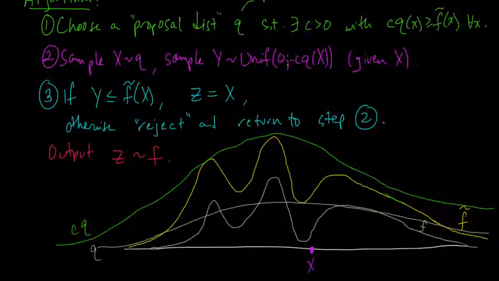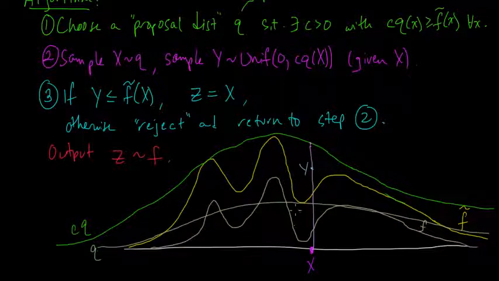The interval from 0 to cq(x), we can visualize it vertically. This was cq(x) right here. So it's this interval, if we turn it on its side. We draw a uniform sample from this, and maybe we get something here.